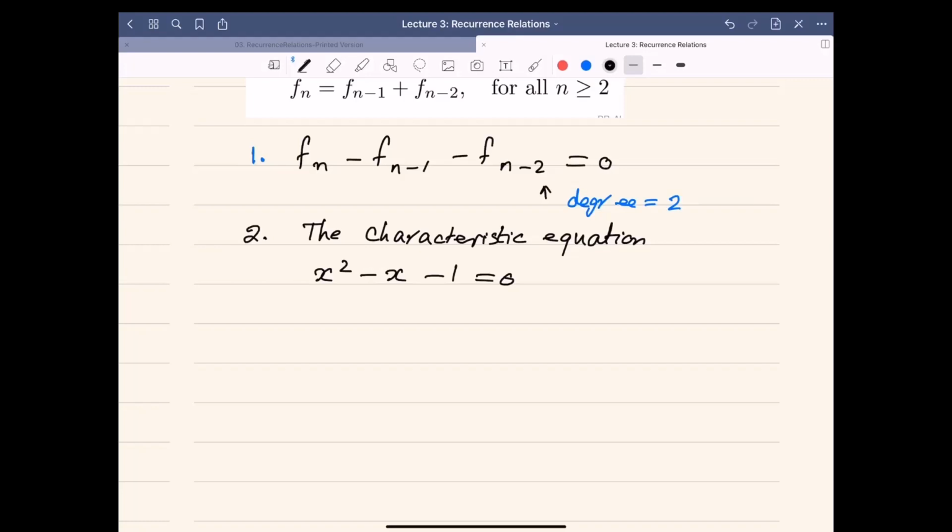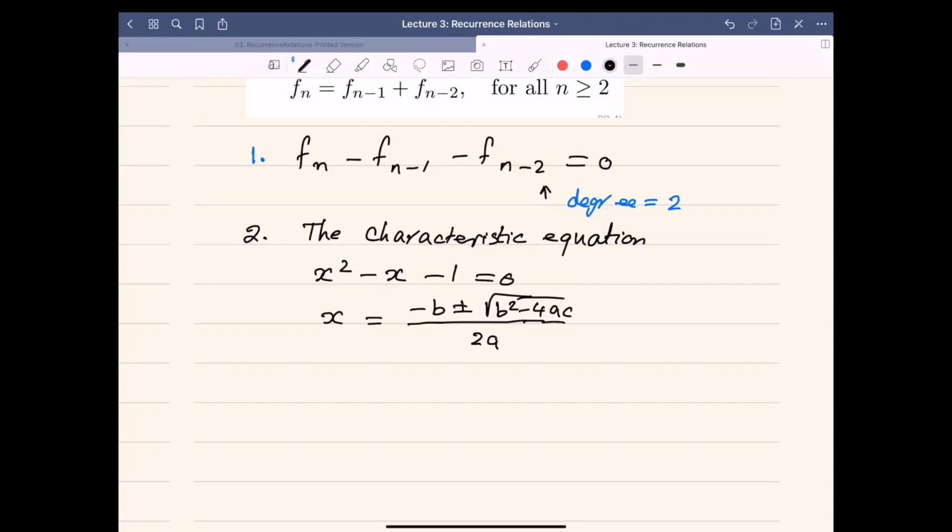You cannot factor them into two integers, so you can use the general equation for x, which is x equal to minus b plus or minus the square root of b squared minus 4ac, divided by 2a.